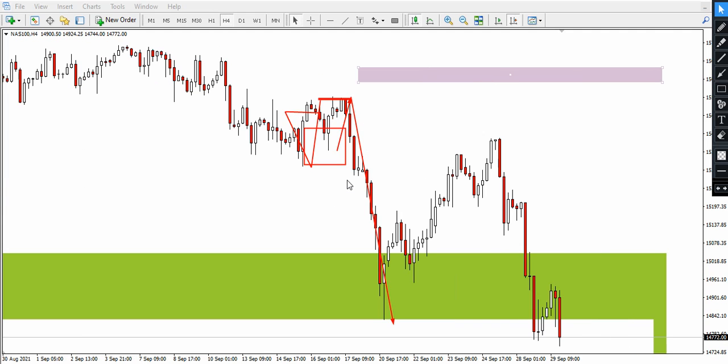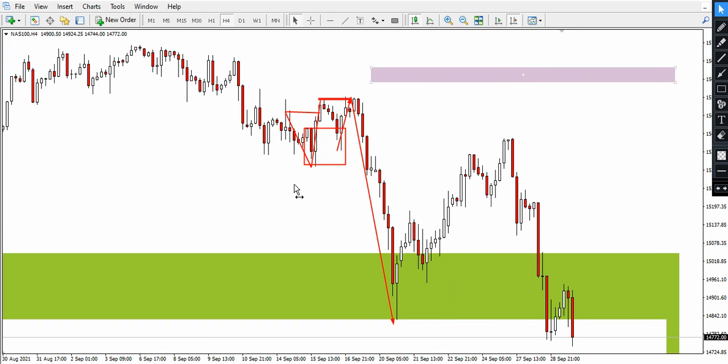Okay, where's my order block now? Yeah, here. As I always said, whenever a mitigation block is turned into a breakup block, always look to your left, because there is an order block that will push the price high always.